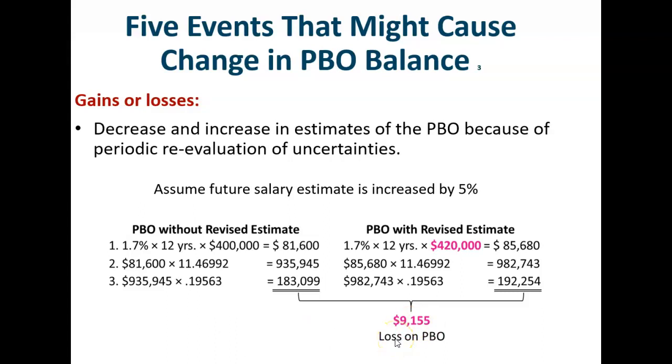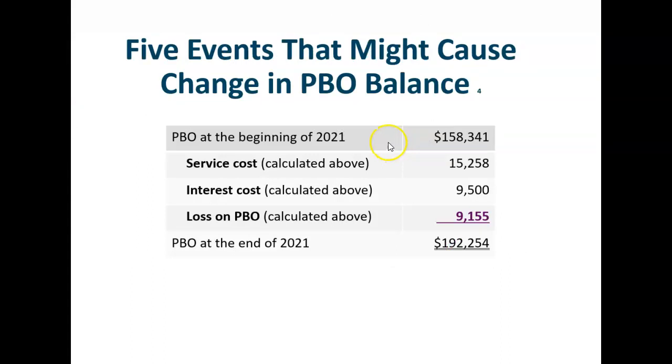Remember, the PBO represents a liability to the company. Accordingly, an increase in the balance of the liability will result in additional expenses. The additional expense here is called loss on PBO. So, as discussed just a few minutes ago, the PBO at the beginning of 2021 was $158,341, and we added the 2021 service cost, which has not changed.